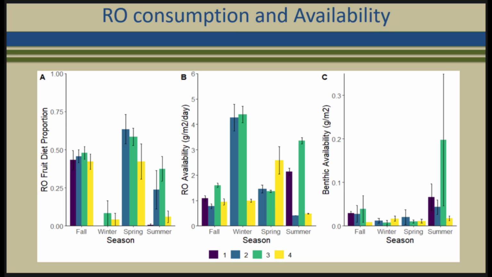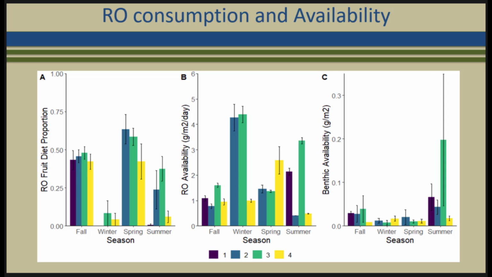Then when we looked at the availability, we found that, surprisingly, I thought that the late summer and fall was going to be this big pulse and then we wouldn't see much after that. But we actually saw Russian olives available to them throughout the year, but they were only seasonally important. Really in the fall and the spring time periods, and these were late summer, early fall samples where you see that.